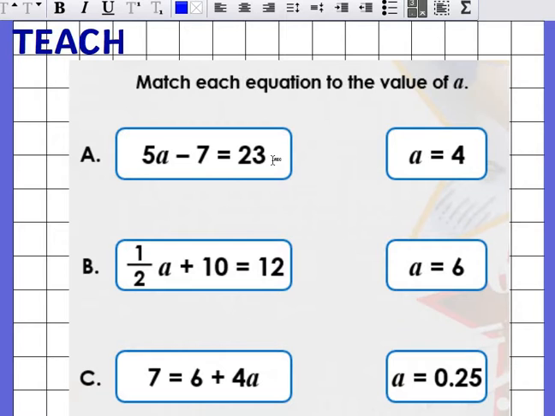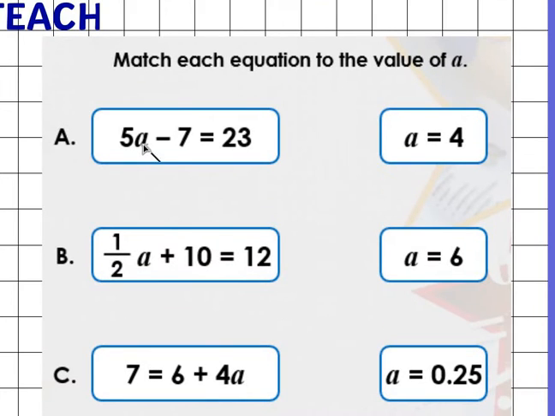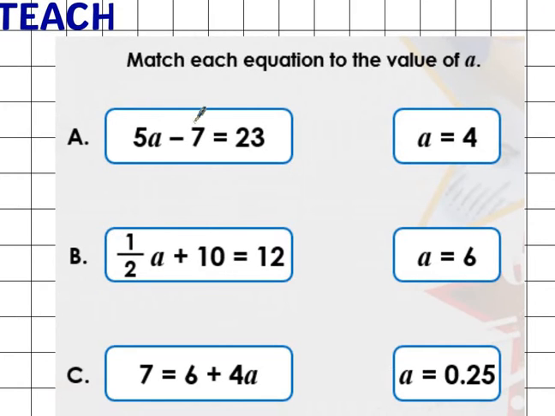Have a look at the next question. Match each equation to the value of a. So 5a minus 7 equals 23. What we've talked about is we need to move this minus 7 to this side of the equation, so it becomes a positive because we've come over the equals.